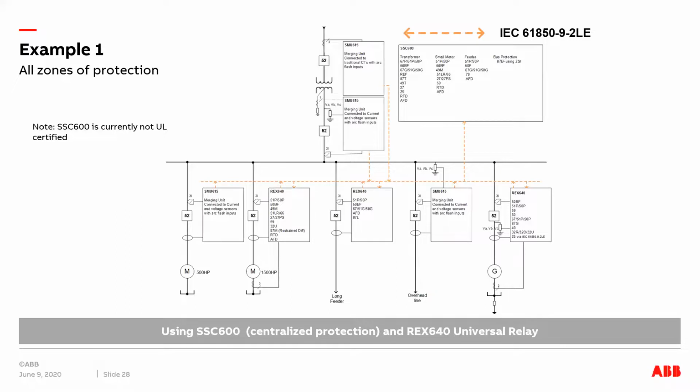So it acts as a local protection, and also it acts as a merging unit, which can publish the sample values. And so with an SSE600, you can have a main protection at the SSE600 level and backup protection at the local level with its own respective IED.